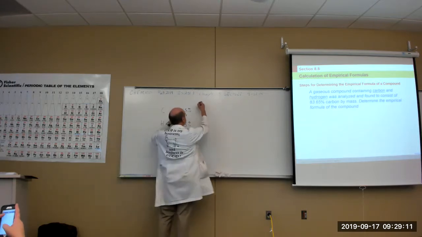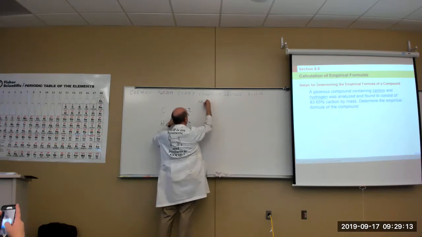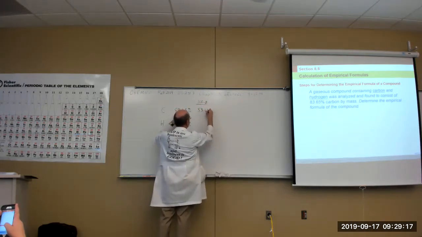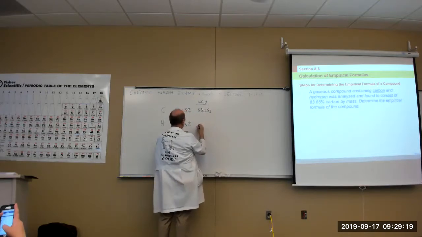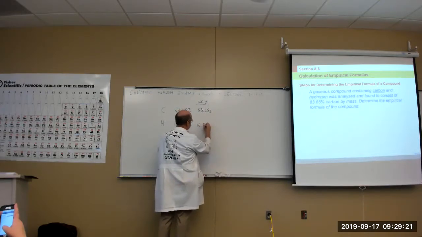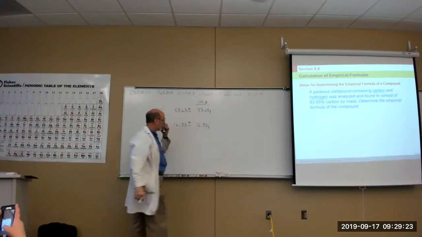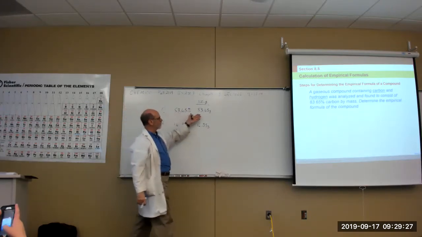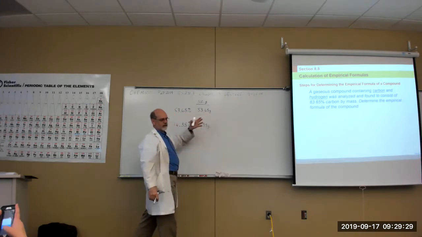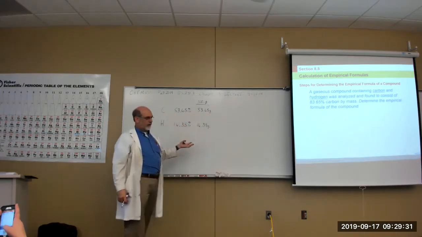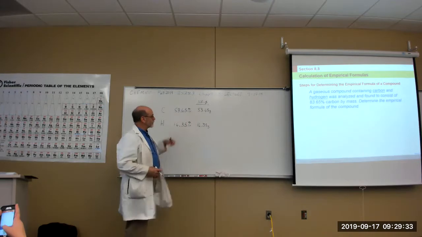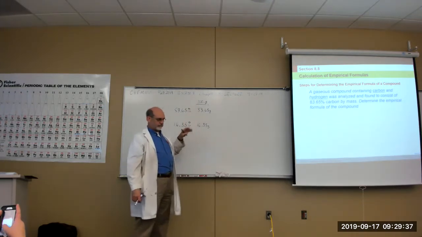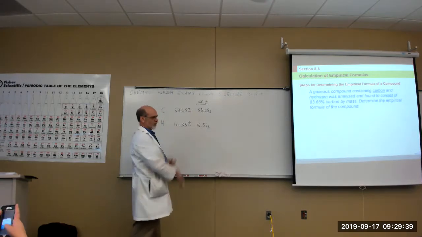So if my sample is 100 grams, I know that I have 83.65 grams of carbon and 16.35 grams of hydrogen. It doesn't have to be 100 grams. You can pick 10 grams, and it'd be 8.365. Or you can pick 1 gram. Doesn't matter. The ratio is still going to be the same, no matter how much you choose to begin with. But this is more convenient.